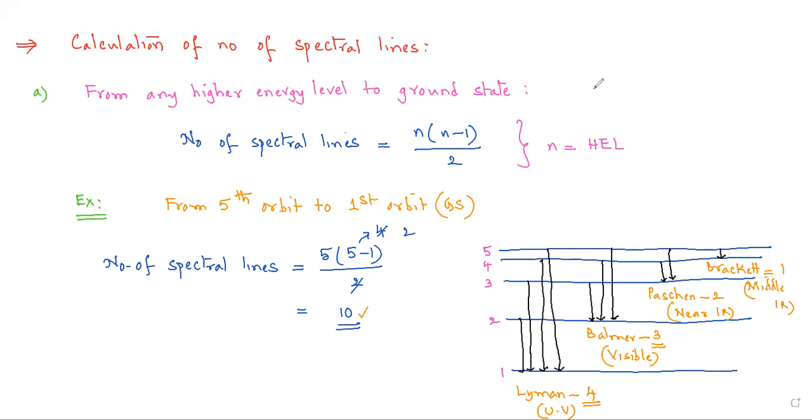Got it? Now let me give you the second one, which can be used in place of the first one. The first one is a part of the second one. Check this out. This is from any higher energy level to any lower energy level. Any higher to any lower. When I say any lower, it also includes your ground state.